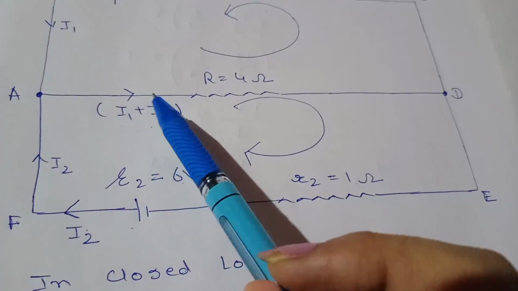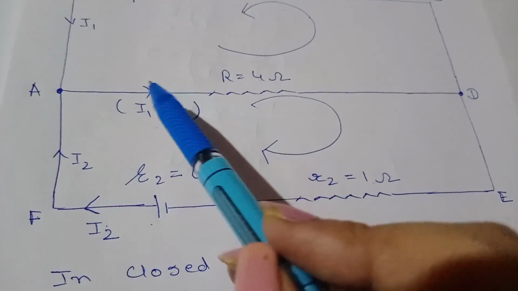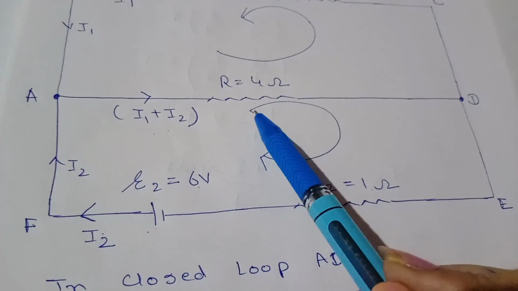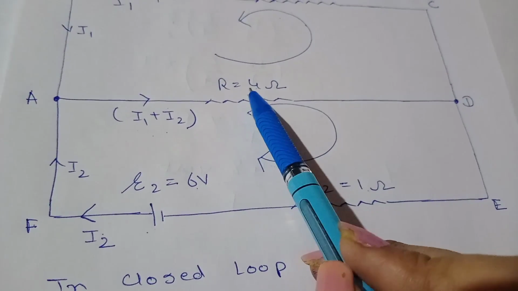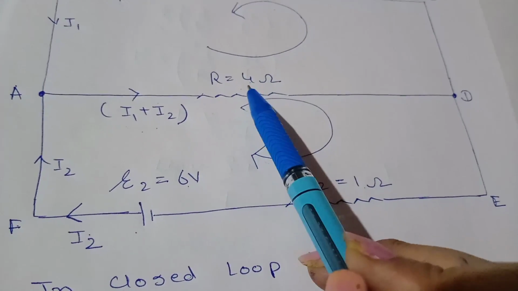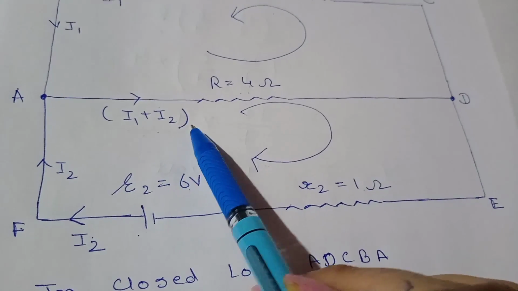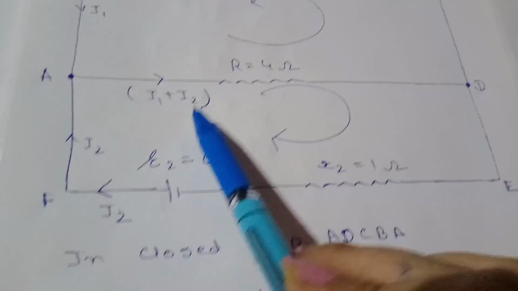Okay, so now going from here, the direction of our path and the direction of current is same, so potential drop is positive. So we'll write it as 4. As we know that the formula is V is IR, so I is I1 plus I2 and R is 4, so it becomes 4 into I1 plus I2.